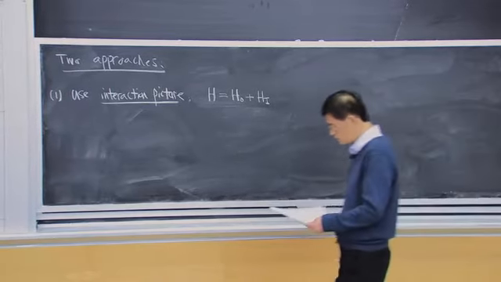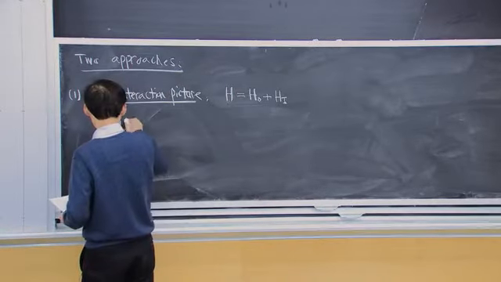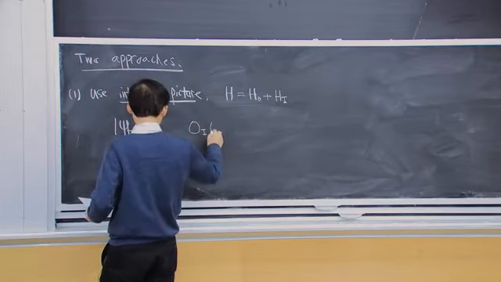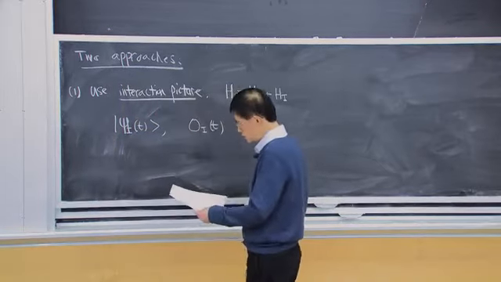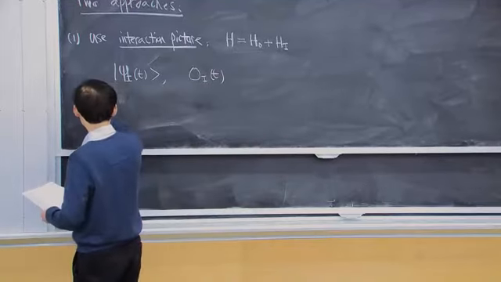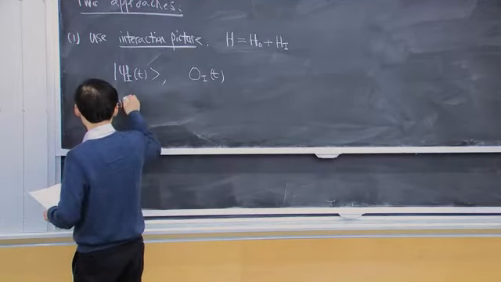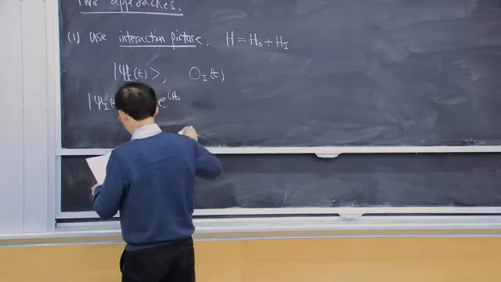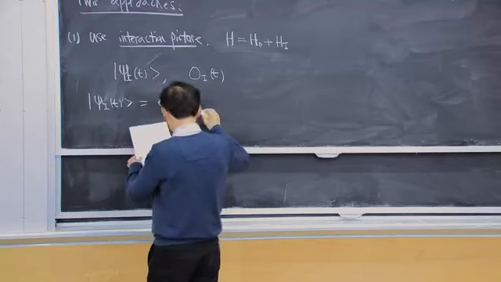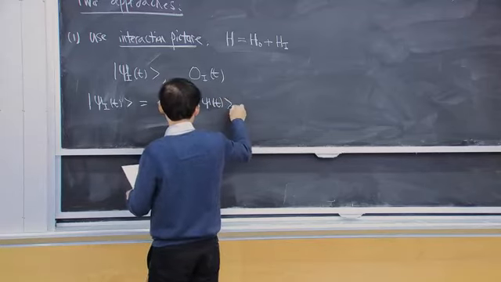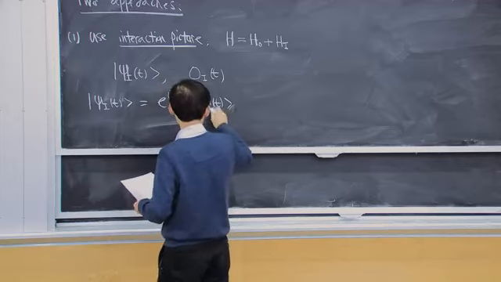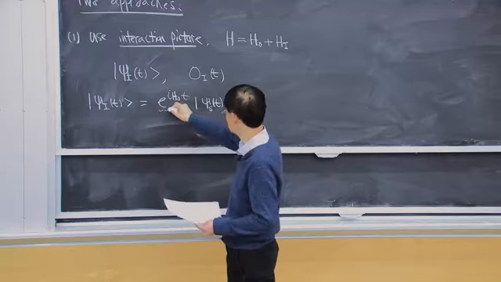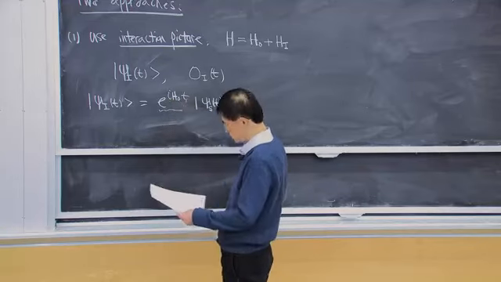Then the interaction picture is that you introduce the state in the interaction picture, and you introduce the operator in the interaction picture. The state in the interaction picture is related to the state in the Schrodinger picture through this factor of exponential H0, essentially H0 t.